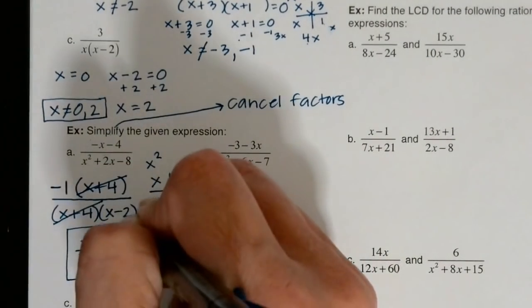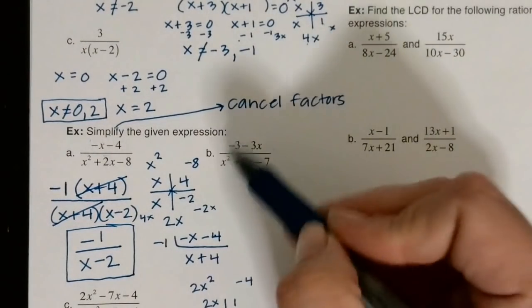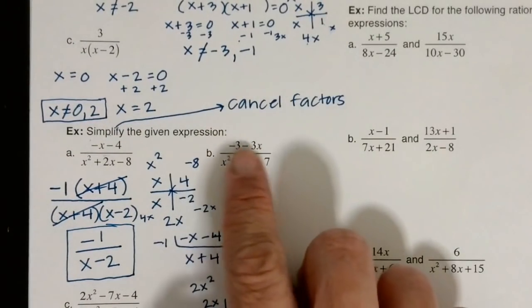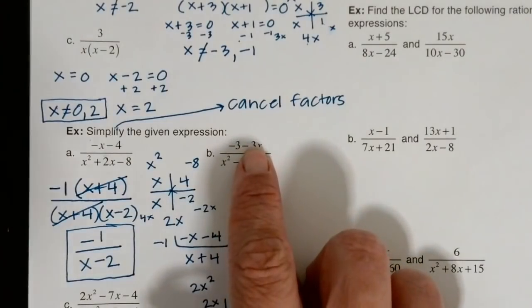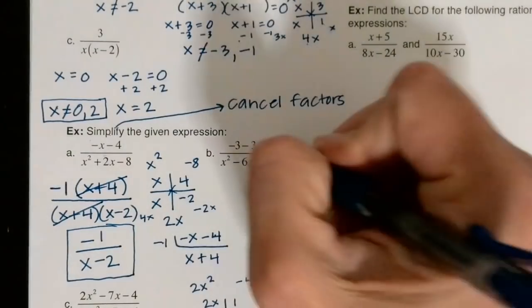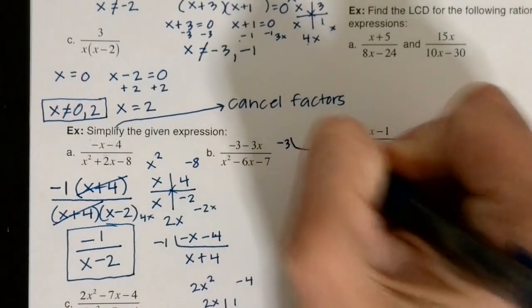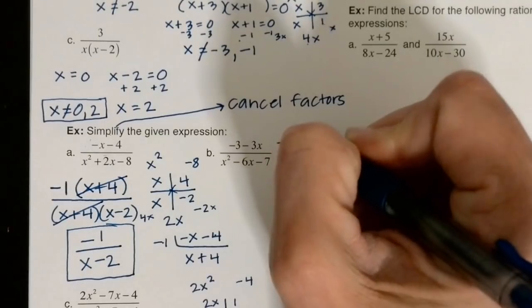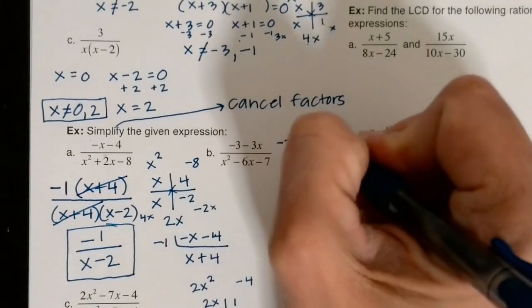Okay? Alright, so let's try that with this one. Do you guys see that both of those are negative right there? So I can factor out a negative. They actually both have a negative 3 in common. So if I pull out that negative 3, what would be left?